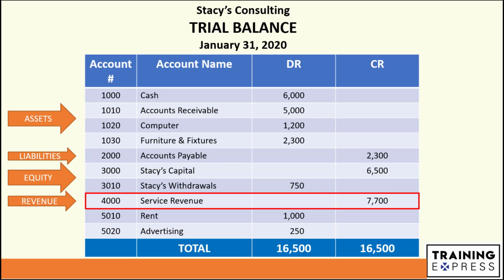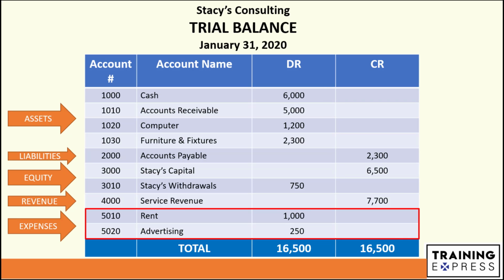Then we move on to the revenue section. Here we have only one type of revenue, which is service revenue. You can see that service revenue of $7,700 is written in the credit column because the normal balance for revenue is a credit balance.